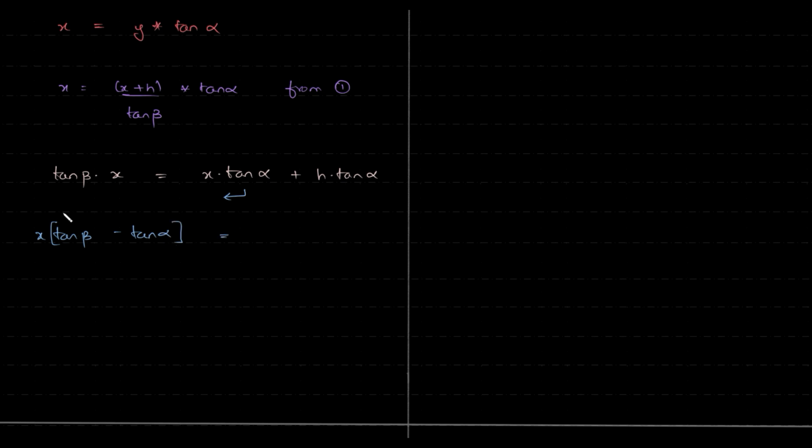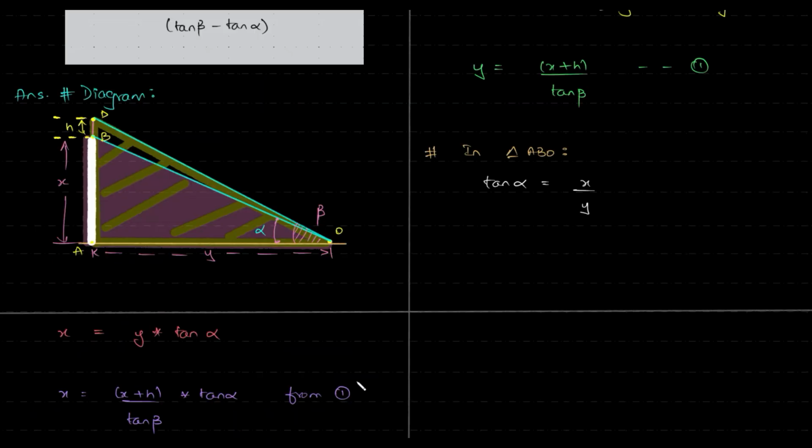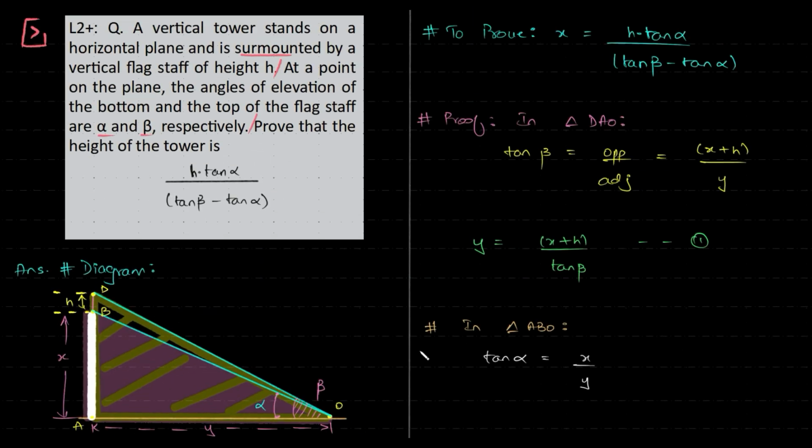So transposing and then taking common, I directly wrote it. This is what you guys have to learn. And then therefore x is equal to h times tan alpha, entire thing divided by tan beta minus tan alpha, and that is your answer. Hence proved. That's what we had to prove. That's it.